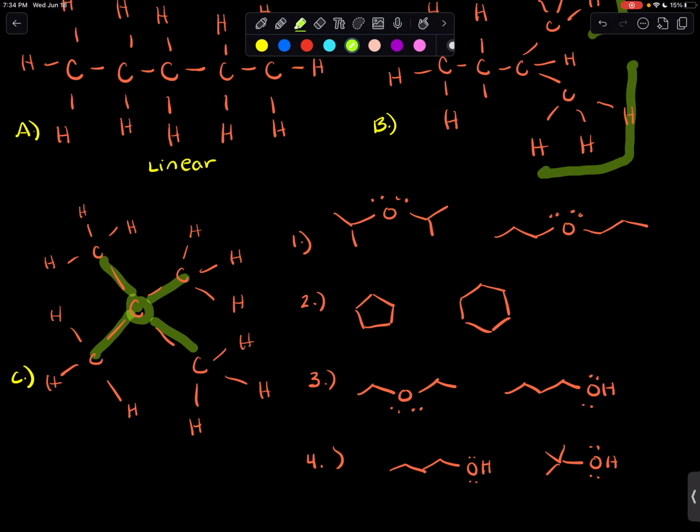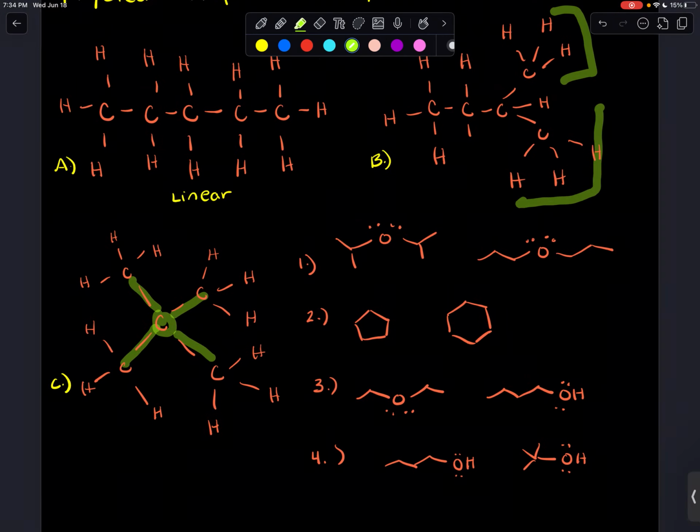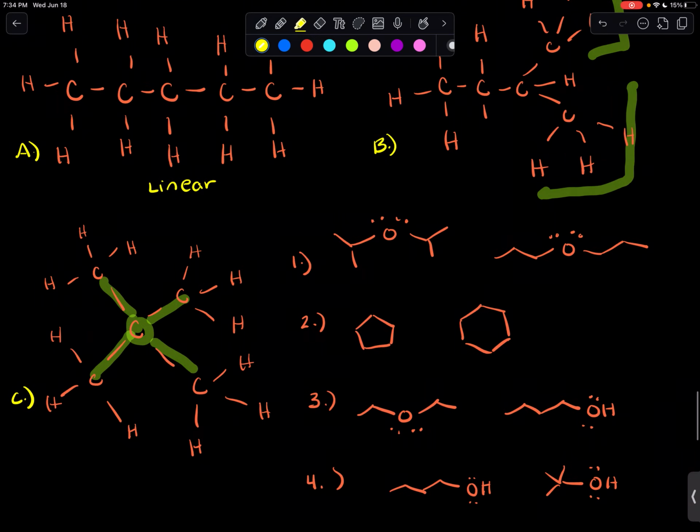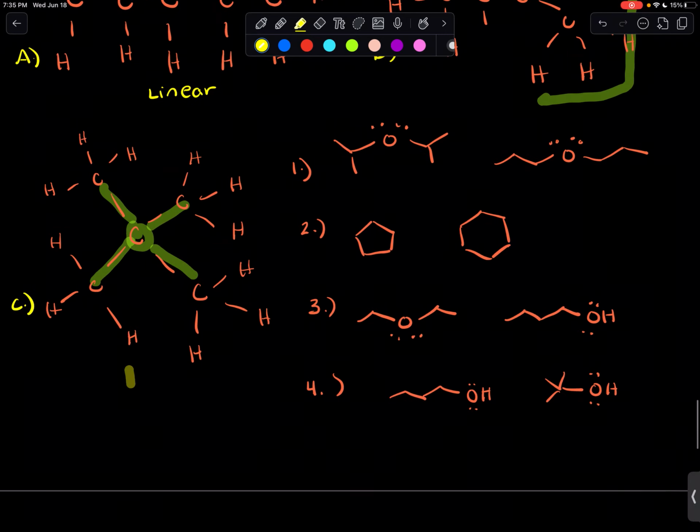Then what we want to look at in terms of properties is which one has the lowest boiling point and which one has the highest boiling point. The way this works is that the branched structure is going to have the lowest boiling point at 10 degrees Celsius.